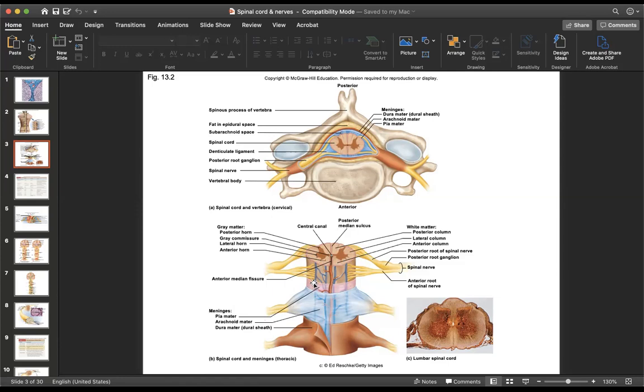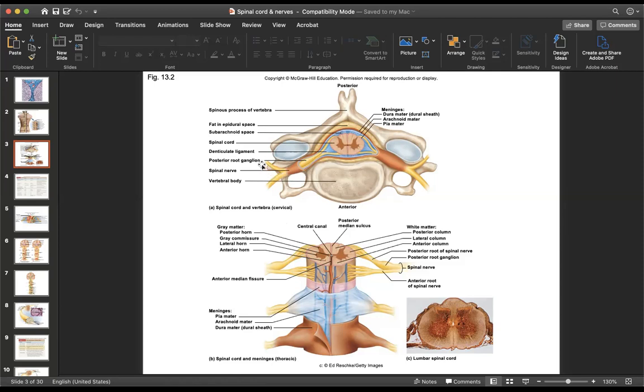I always refer to them as ventral. That's what I knew them as. But you've got ventral rootlets form your ventral root. Then your dorsal rootlets merge to form your dorsal root. And this swelling here that you see in the dorsal root is referred to as the dorsal root ganglion. This one here calls it the posterior root ganglion, whatever, posterior, dorsal, they mean the same thing, but I always learned it as the dorsal root ganglion.